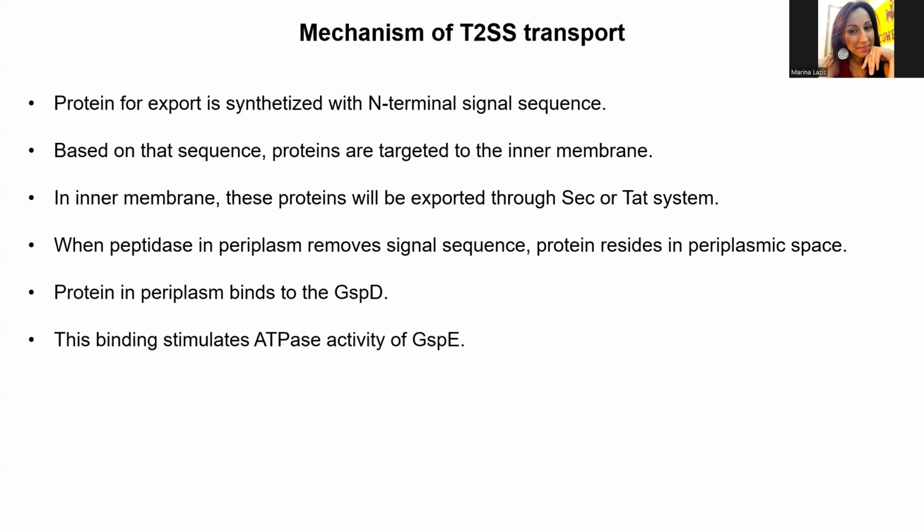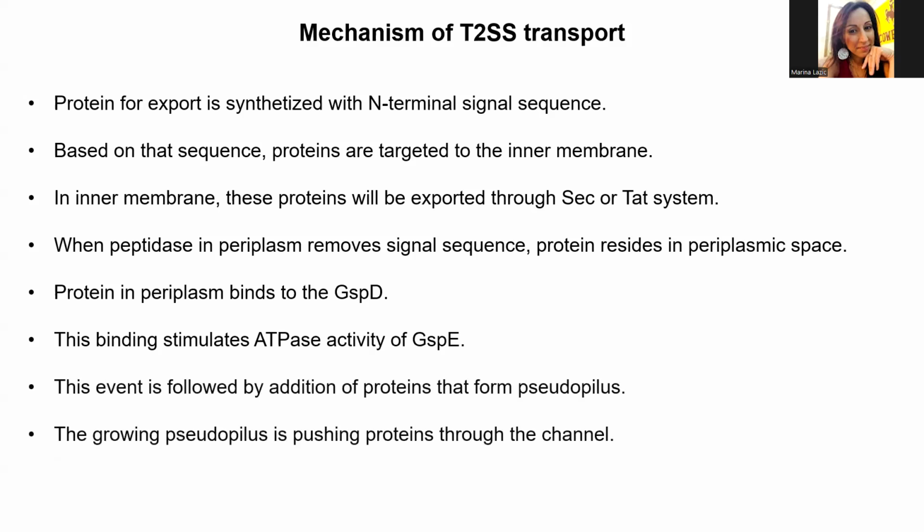That binding in the periplasm to the outer membrane will stimulate the ATPase activity of GSPE. That ATPase activity of GSPE will be followed by additional proteins that will form that piston, the pseudopili, and those pseudopili will push the structure through the channel in the outer membrane.